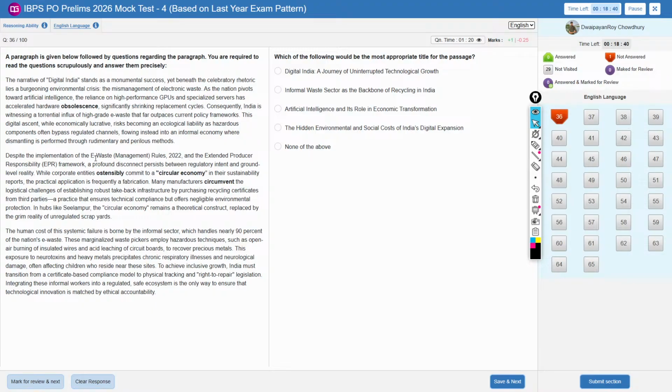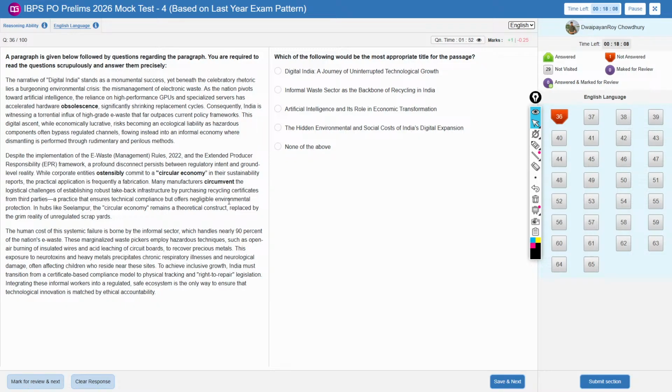Despite the implementation of the E-Waste Management Rules in 2022, the extended producer responsibility framework, a profound disconnect persists between regulatory intent and ground-level reality, while corporate entities ostensibly commit to a circular economy in their sustainability reports. The practical application is frequently a fabrication.